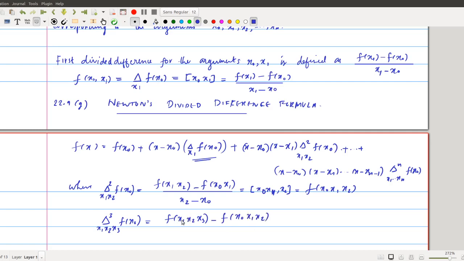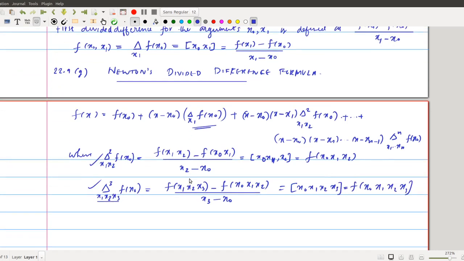To write the first term we use this one, and for the second term we start with x naught x1 x2 divided by x3 minus x naught. So this is denoted by f of x naught x1 x2 x3. Usually we use these symbols to denote these numbers.